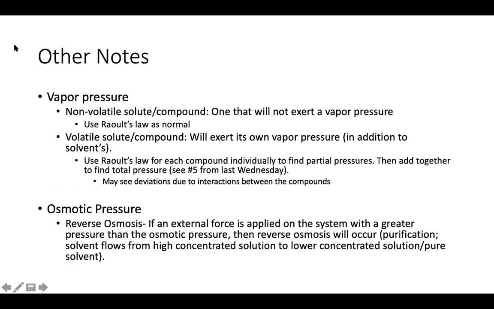And I think this is the last slide, just some random notes. In terms of vapor pressure, remember our two terms, non-volatile and volatile. Whenever a non-volatile solute or compound is added, it will not exert a vapor pressure.